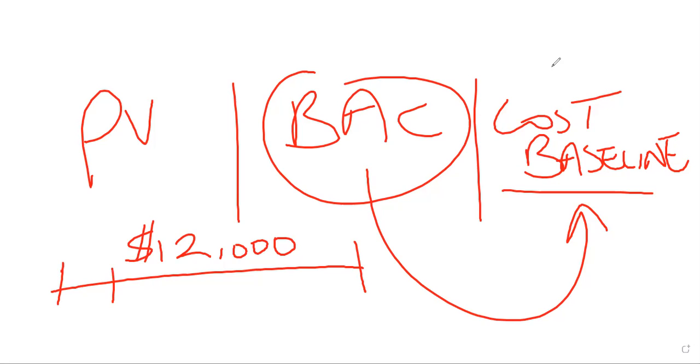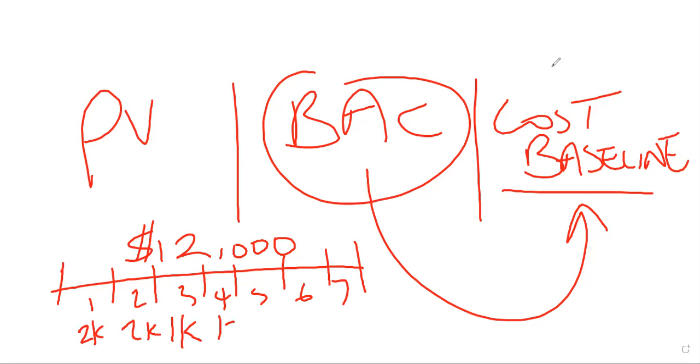But what makes it a baseline is it's the time-phased budget at completion, month 1, 2, 3, 4, 5, 6, 7. We need to know how much money we are budgeting to spend each month. So it's not enough to say $12,000. No, it has to be broken down. So let's say it's broken down into 2,000, 2,000, 1,000, 1,000, 2,000, 2,000, 2,000.